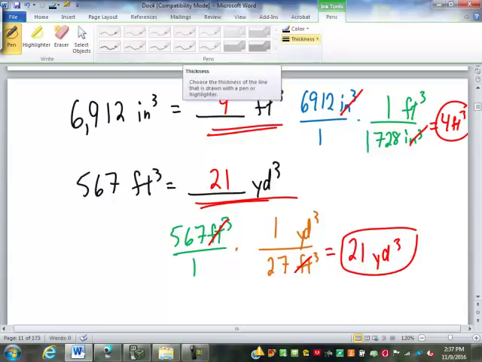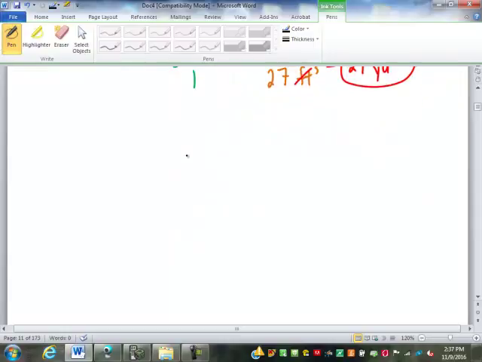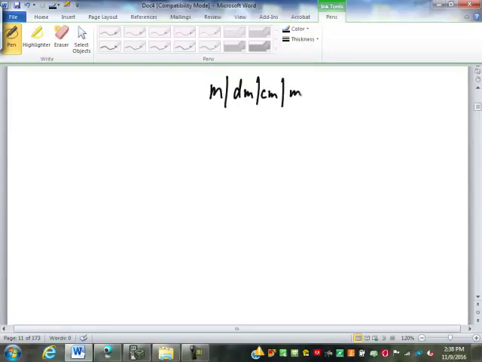Okay, now of course that's going to also translate into our capacities when we get to them, but we'll cover those in a week or so. In the metric system then, at this point you should either have this chart memorized or have it written down somewhere where you can get to it really quickly, like in your back cover of your notebook where you don't have to go digging for it.